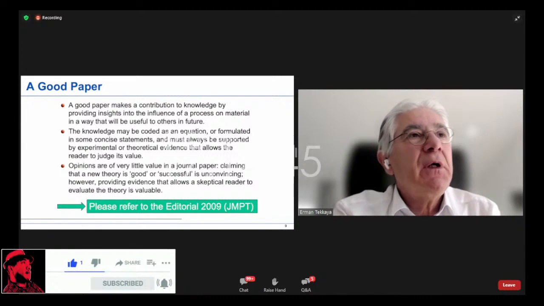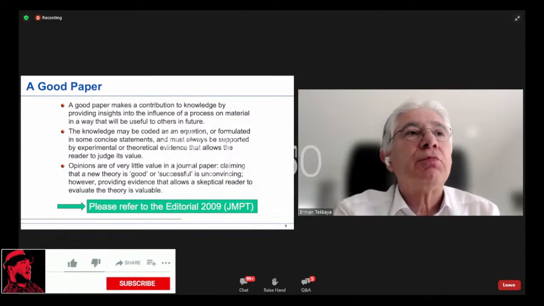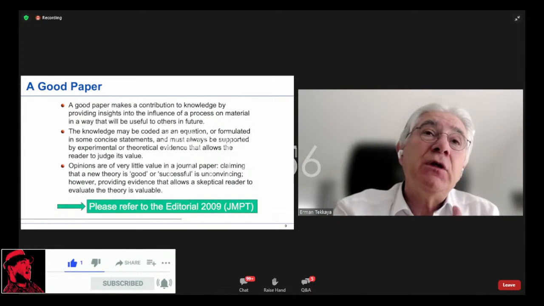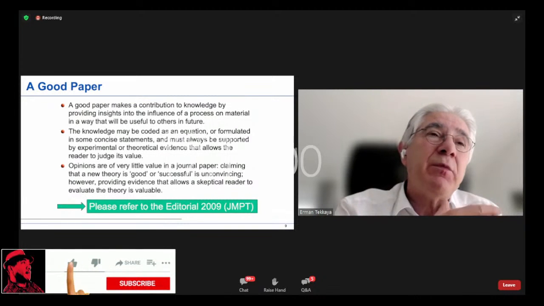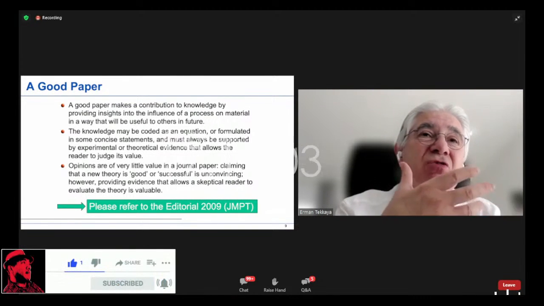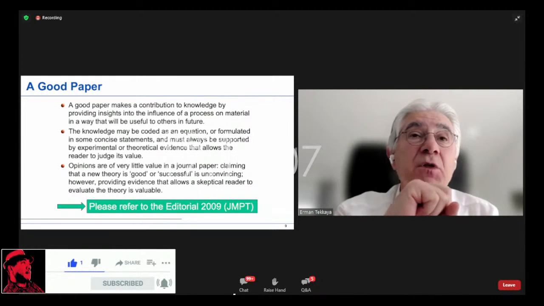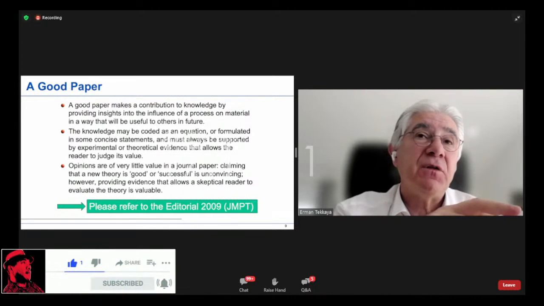A good paper is a paper that makes that contribution, providing insight into the processes and material, and which can be used in the future by other people. And a good paper is a paper where the knowledge is transferable, coded in equations, formulated in concise statements, and supported by experiments and theoretical evidence.